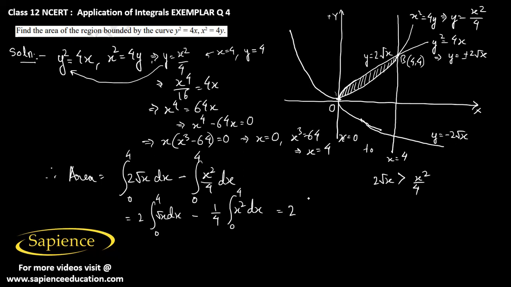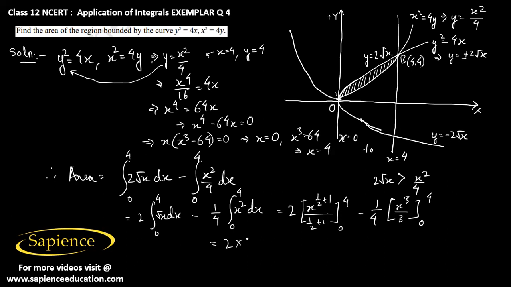So that will be 2 times integral of x root x, that is x power half plus 1 by half plus 1, from 0 to 4, minus 1 by 4, and the integral of x square is x cubed by 3, from 0 to 4.